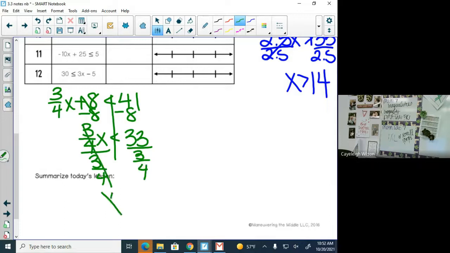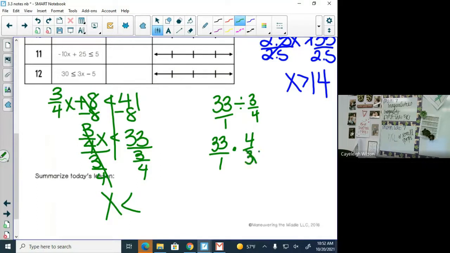So do I flip my sign? No. If you don't have a calculator, 33 divided by 3/4: keep, change, flip. That cross reduces, so 11 times 4 is 44. Every time that you divide by a fraction, we do the reciprocal, the flip.